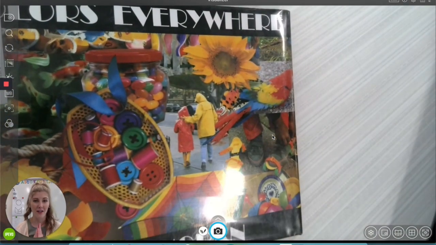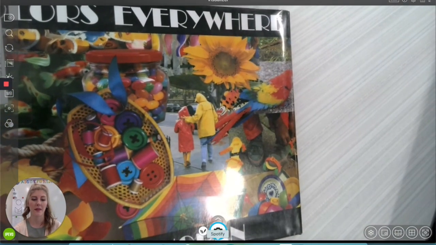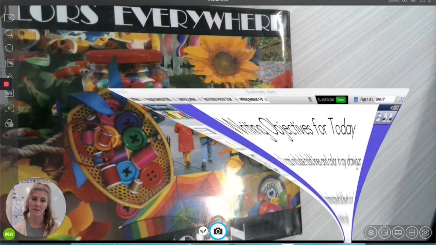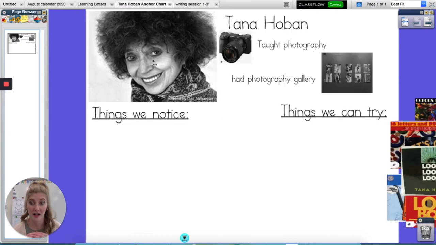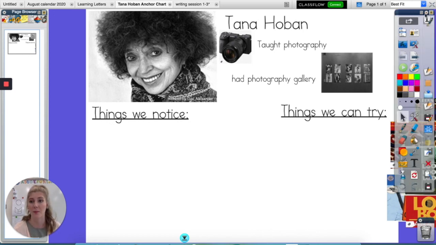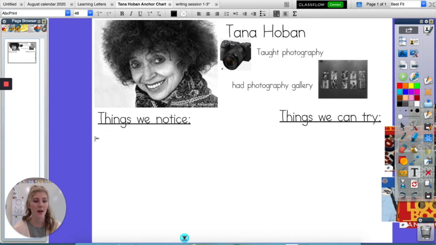One thing that I noticed that she did, let me share this with you. She had a lot of colors, especially with the side of the book and even the picture that she had. There were many different colors in her pages. So I am going to type that here for something that we've noticed. And maybe you noticed something else, but I noticed that there were many different colors.